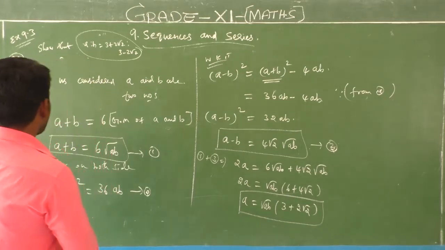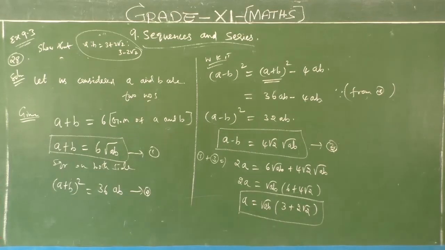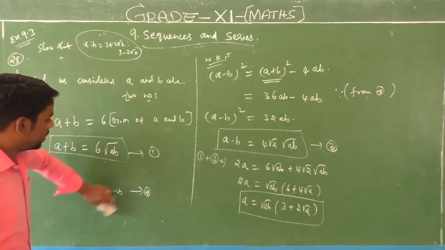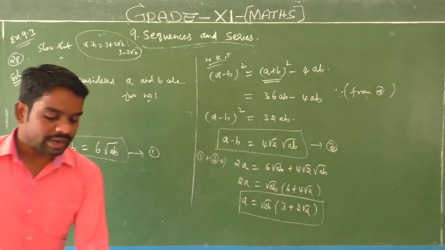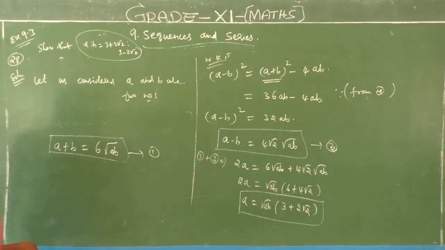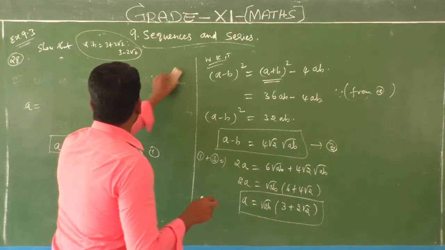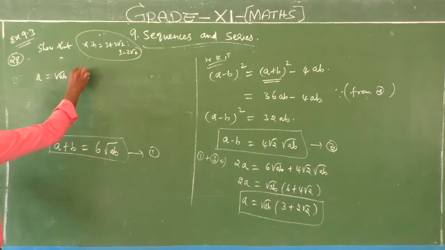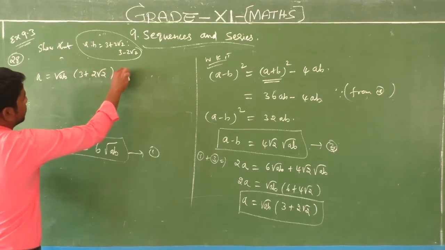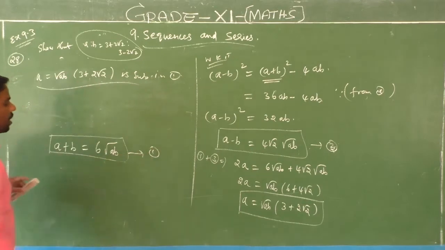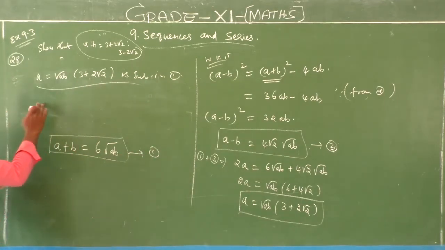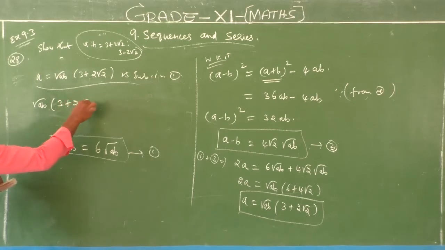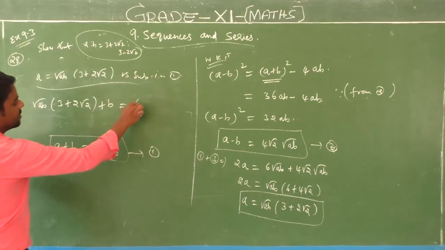Next, here A plus B equals 6 root AB. Substitute the value A equal to root AB of 3 plus 2 root 2 in equation number 1, which is A plus B. So root AB of 3 plus 2 root 2 plus B is equal to 6 root AB.